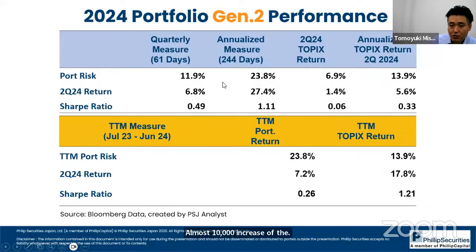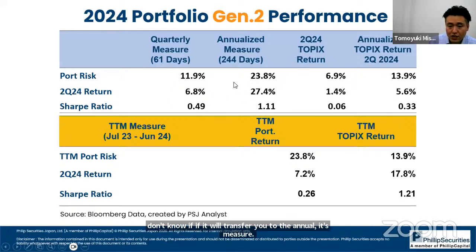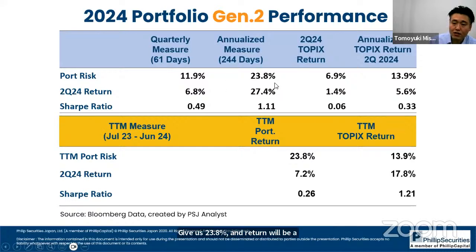Let's move to the performance measures. The quarterly measure over 61 days, the 2Q return was 6.8%, and portfolio risk was 11.9%. Annualized, risk was 23.8% and return was 27.4% in cumulative annual return. The Sharpe ratio came to be 1.11.